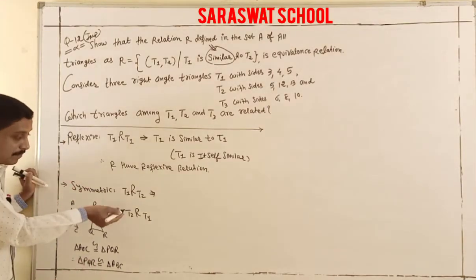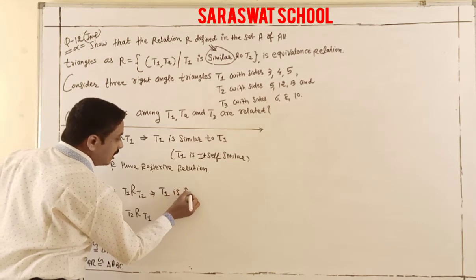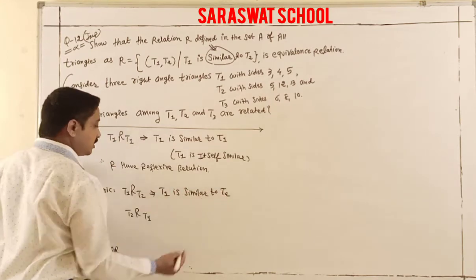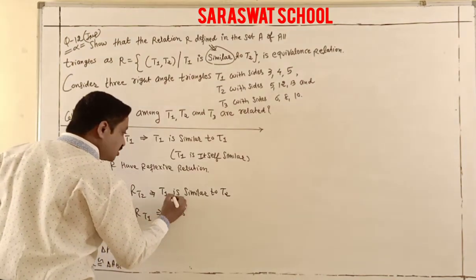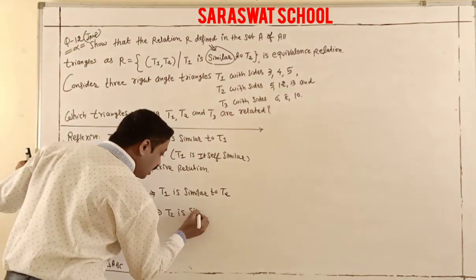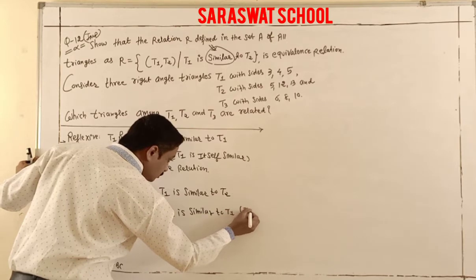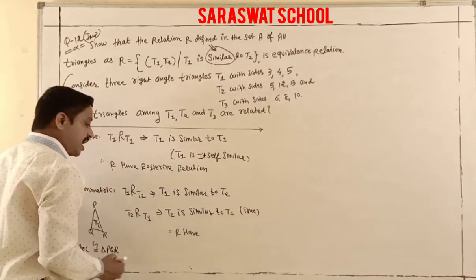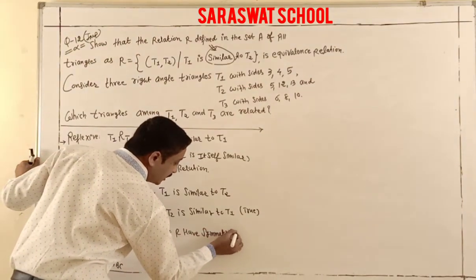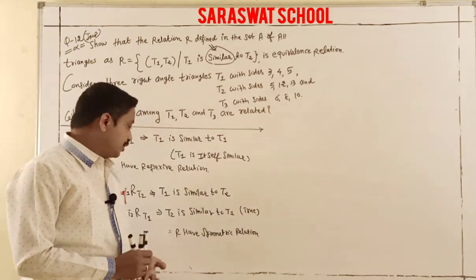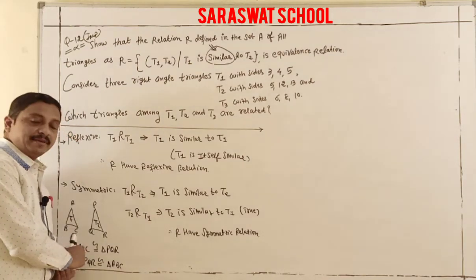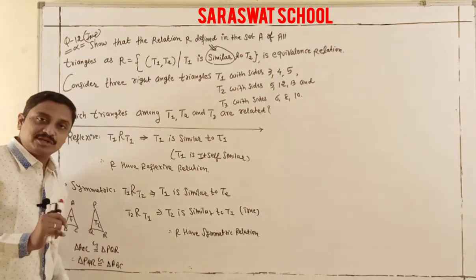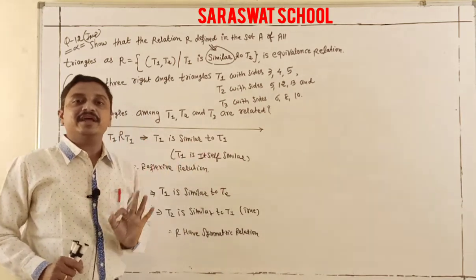The same principle applies: T1 is similar to T2, and T2 is similar to T1, which is definitely true. Therefore, R is a symmetric relation. Students, very easy. If ABC and PQR are similar, then PQR and ABC are also similar, so R is definitely a symmetric relation.